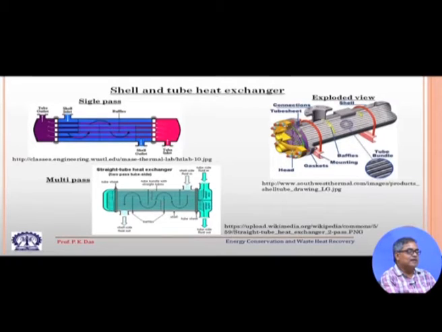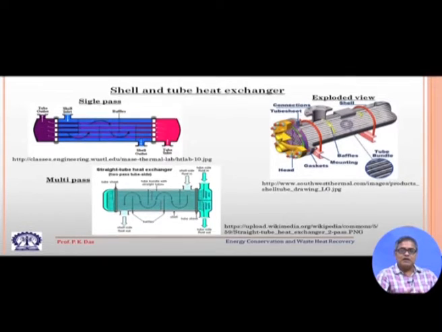Then this is the head, through which there could be a liquid entry or exit point. Shell and tube you can see separately. So, this is the arrangement. There could be many variations, and this is the arrangement we take for shell and tube type of heat exchanger.